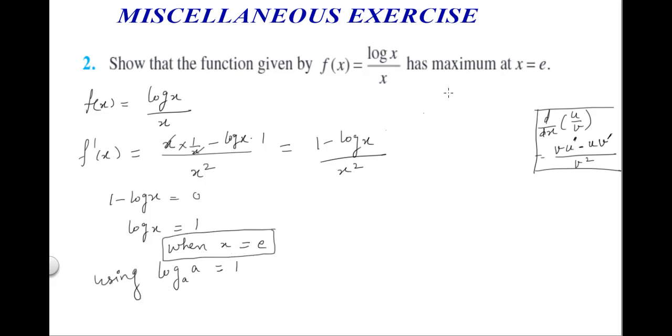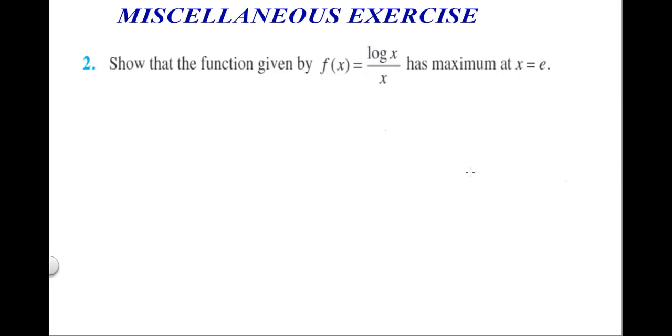We have calculated x equals e, but we have to prove this is a point of maximum. So we have to differentiate the first order derivative again to obtain the second order derivative. The first order derivative is 1 minus log x upon x square. Let us differentiate again, using the quotient rule. The square of x square will be x to the power 4.